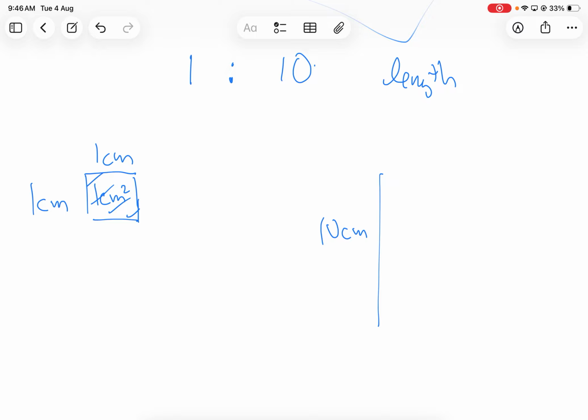The side is 2 is to 3. That is the scale factor. But after I find the area, 2 times 2 is 4. 3 times 3 is 9. So the scale factor for area become 4 is to 9. How is this linked? Okay, I hear one correct answer already.